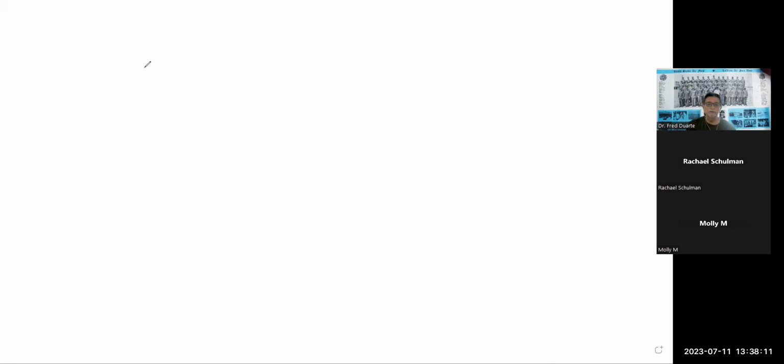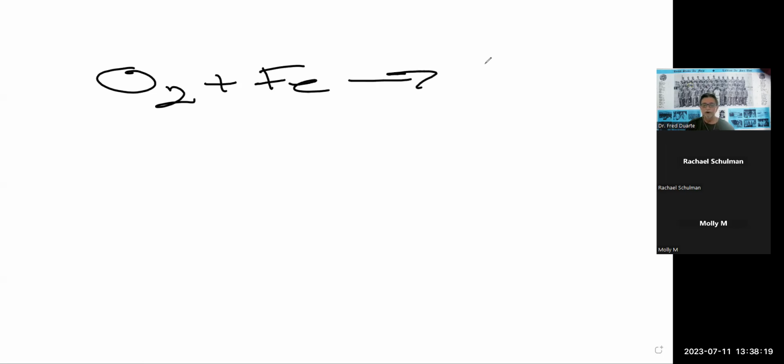Based on what you said, oxygen in the presence of iron reacts to give you iron 2 oxide, correct? Yeah. Okay, so we got to balance this first because we're going to need this. It looks like you got 2 oxygens on the left, 2 on the right. Now that kicks up our iron, so we put a 2 in front of iron. And so now we're balanced.